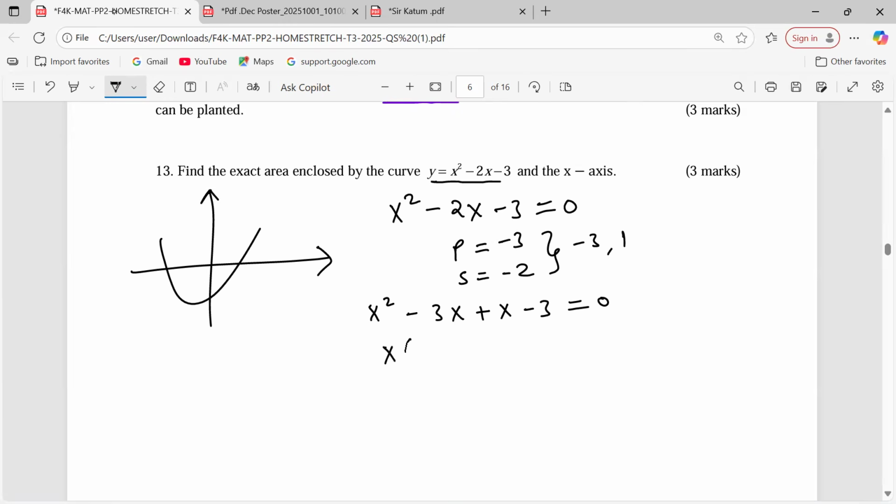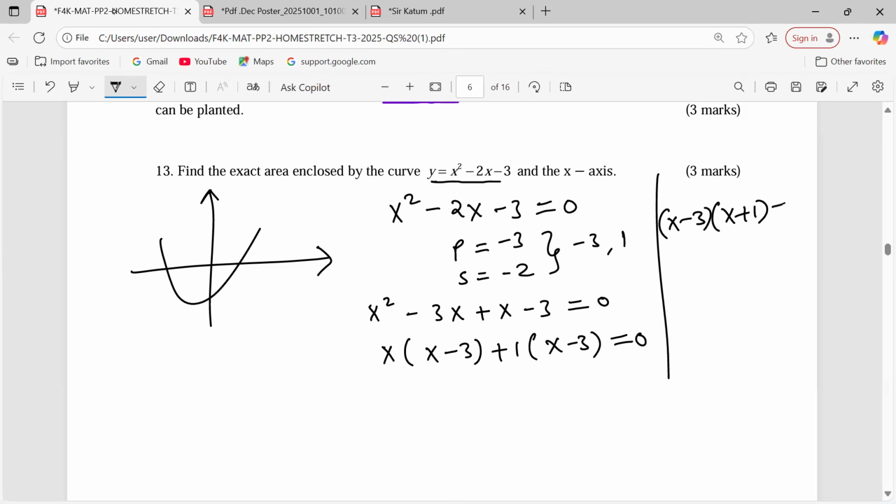So we can factorize x to remain with x minus 3, then 1 to remain with x minus 3 equals 0. So now from these, we can say that x minus 3 and x plus 1 equal 0, meaning that x is 3 or x is -1.